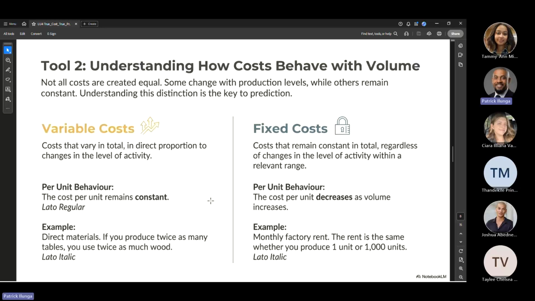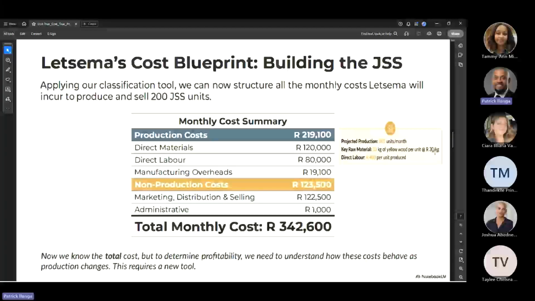Like we said about JCMA, so we will have one cost. Do you see this one? The 30 rand per kg. Oh, Tandekile has a question. Why does it remain constant per unit?